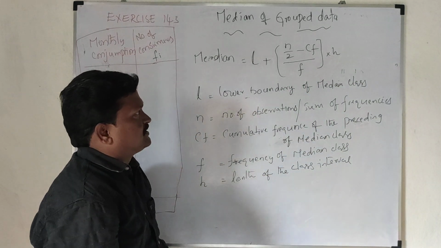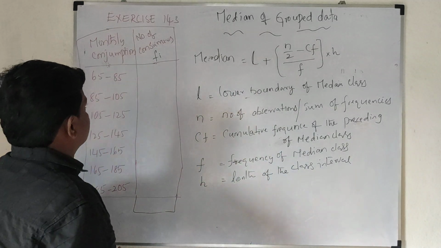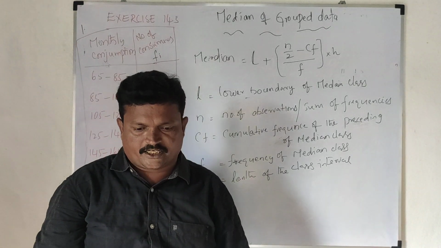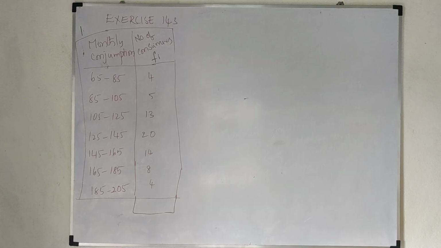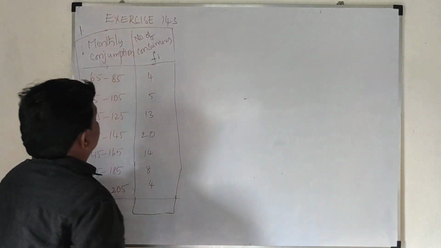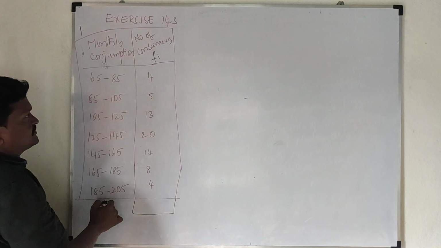Now let us see how we can take these values. We have to solve this, the first problem of exercise 14.3. See, now let us start exercise 14.3. First one, monthly consumption. Like this classes are given.